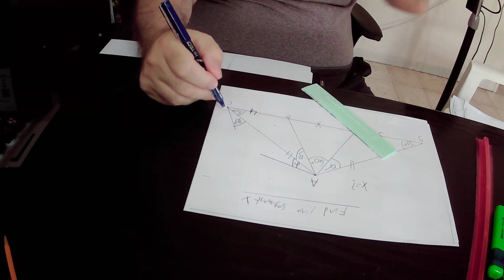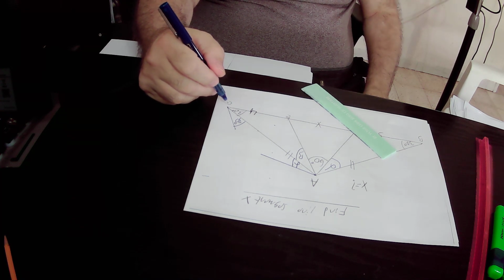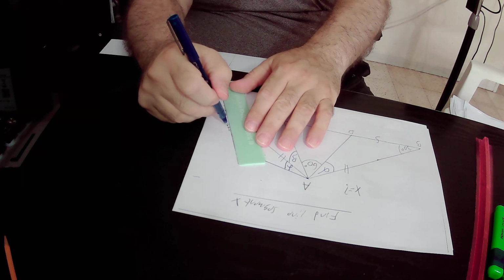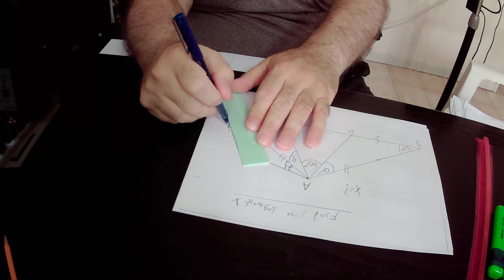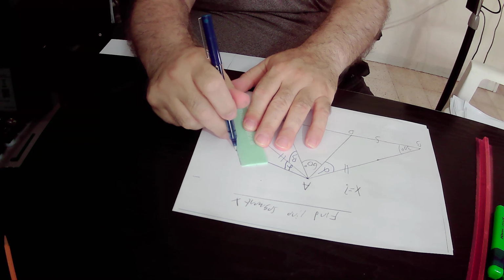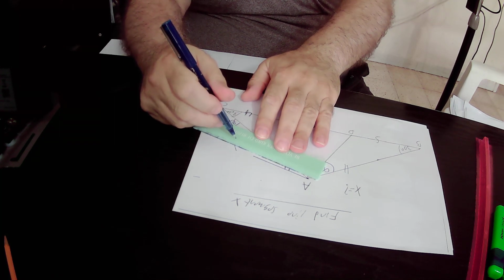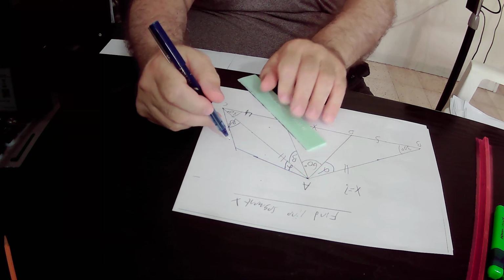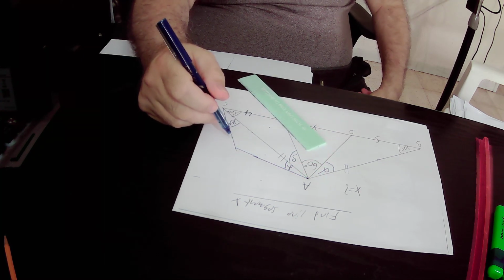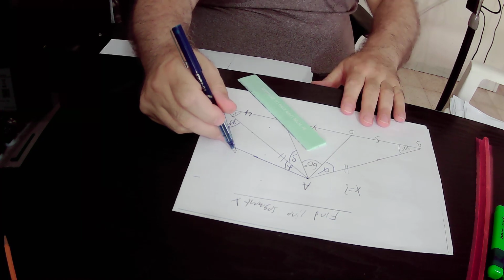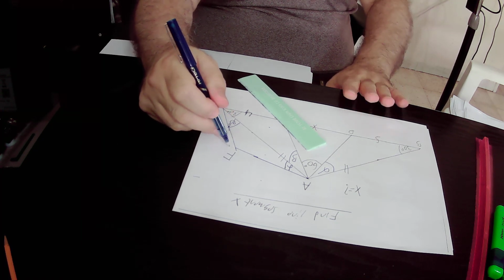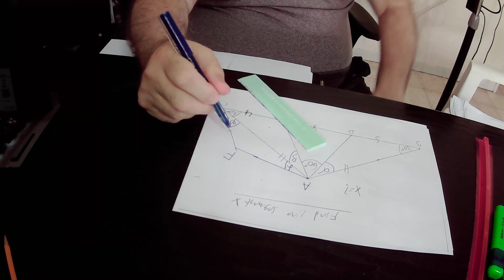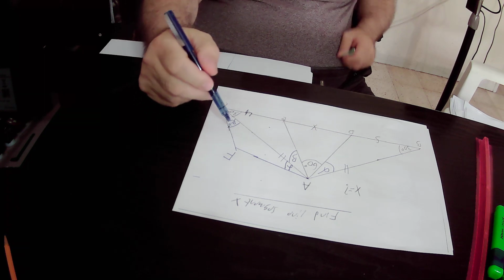Okay, in the next step we'll extend the straight line from C and the straight line from A until they intersect with each other. And we will define the intersection point between the two straight lines as point F. So actually we created here triangle AFC.